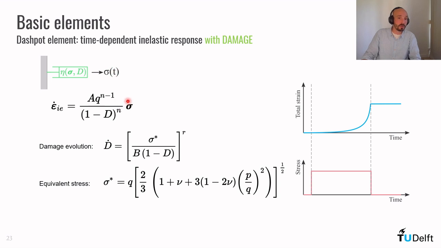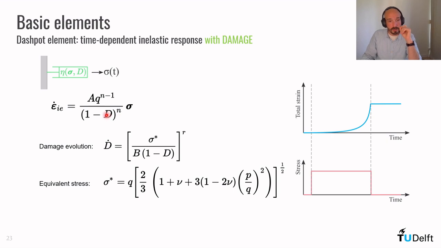So for a constant stress, if damage approaches 1, the strain rate approaches infinity, which is what we want to model here. So suppose the stress is constant, but this damage starts to get closer to 1. It makes the strain rate increase for a constant stress, which is what we see here. Okay.